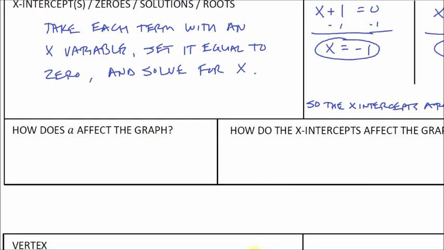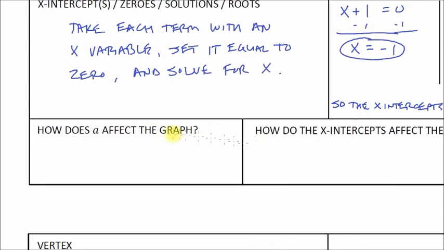Talked about this already a moment ago. How does a affect the graph? Well, it looks exactly the same as vertex or standard form. Positive a: the graph points up, or opens up.